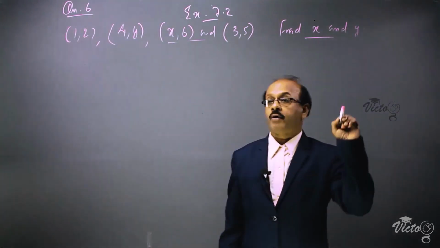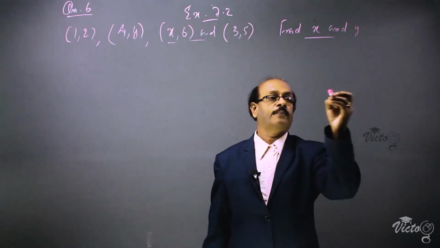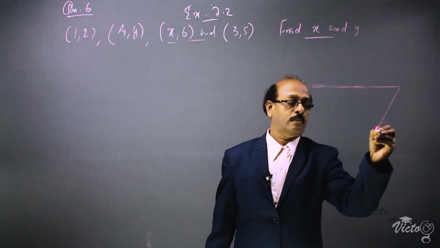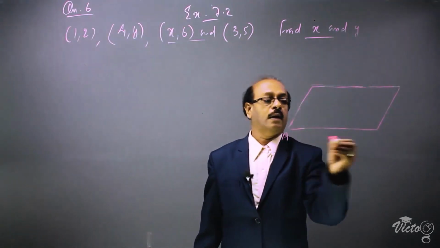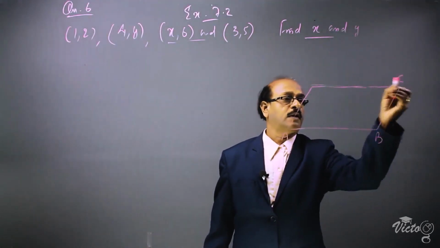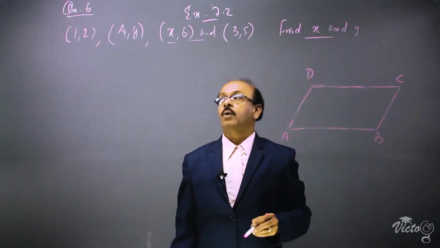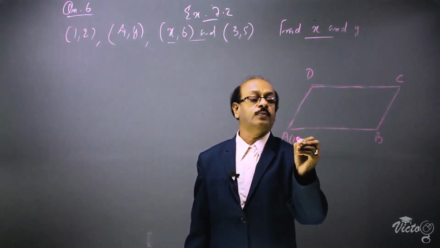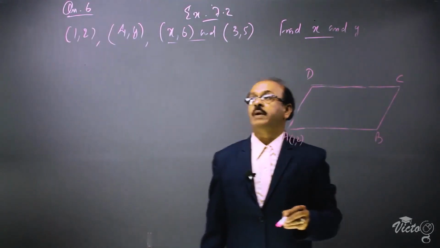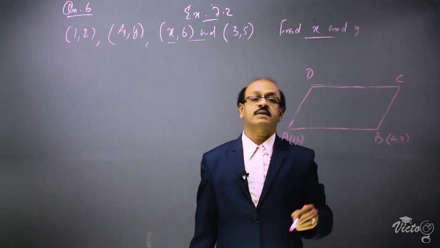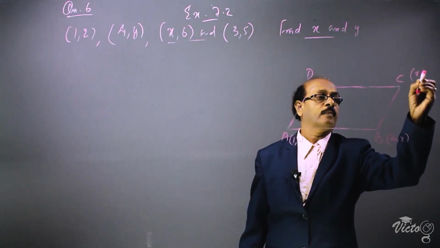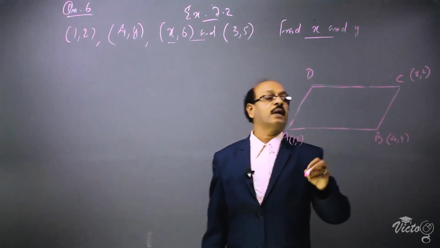For that, draw a rough sketch of a parallelogram, naming it as A, B, C and D. The coordinates of A (1, 2), coordinates of B (4, y), coordinates of C (x, 6) and coordinates of D is (3, 5).